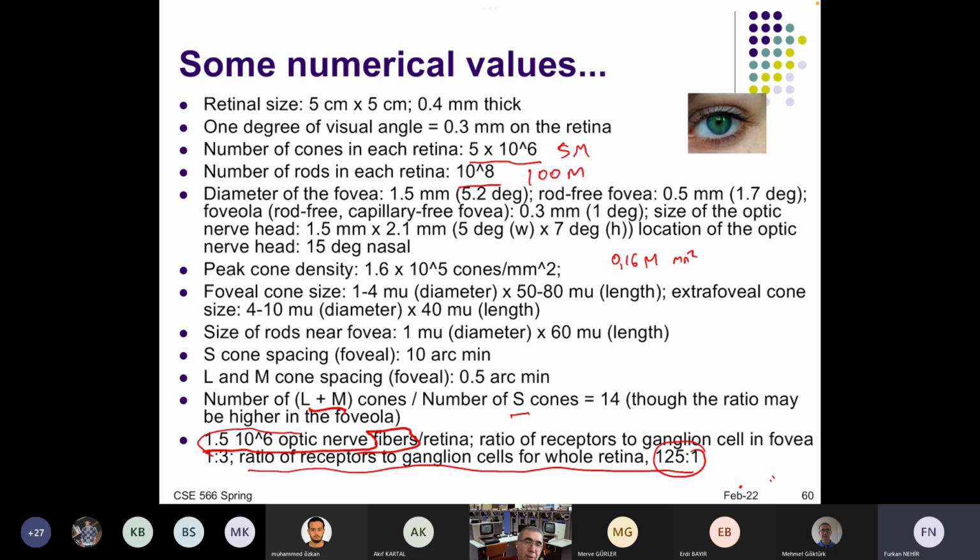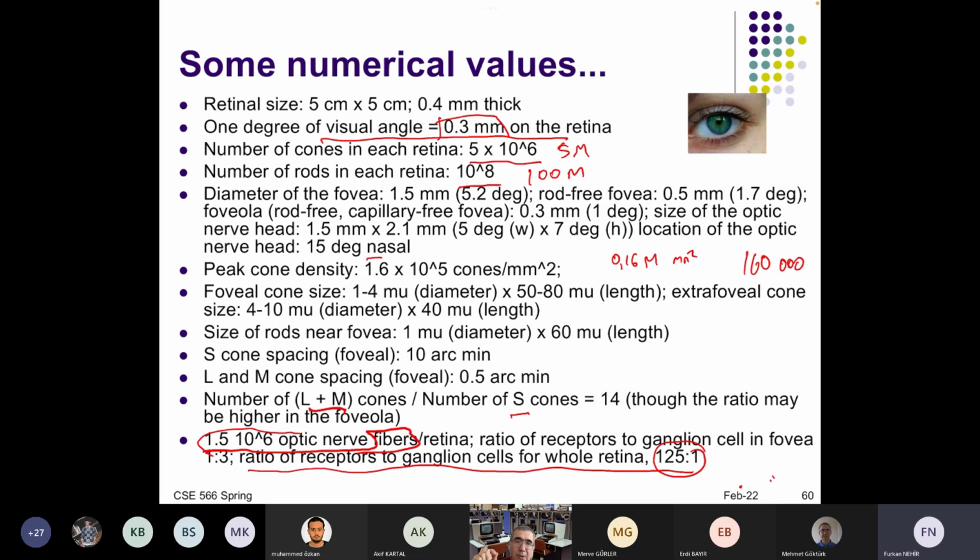One degree of visual angle actually corresponds to 0.3 millimeters. Okay, so 1 degree in screen. So Apple has the retina screen definition. So that 1 degree goes back to 0.3 millimeters, and that 0.3 millimeters, each millimeter squared has 160,000 cones.